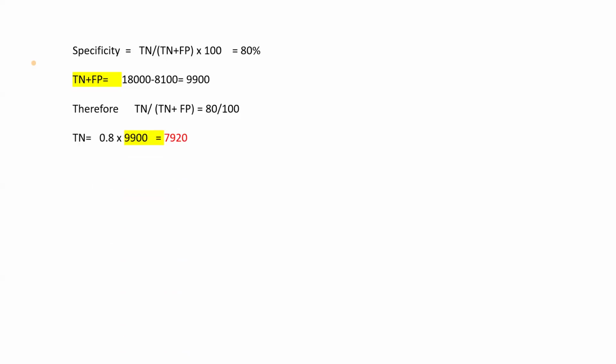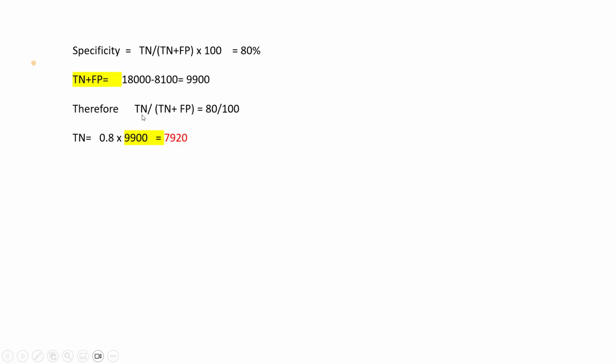Using the formula for specificity, we know that specificity is equal to TN divided by TN plus FP. We just calculated the number in terms of the total as it relates to what TN plus FP is, and we calculated that to be 9,900.